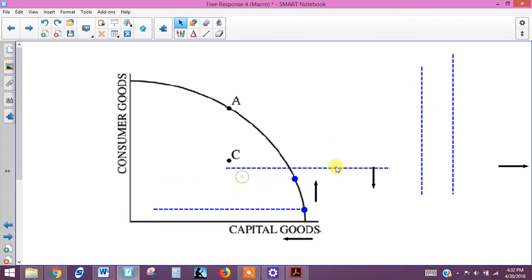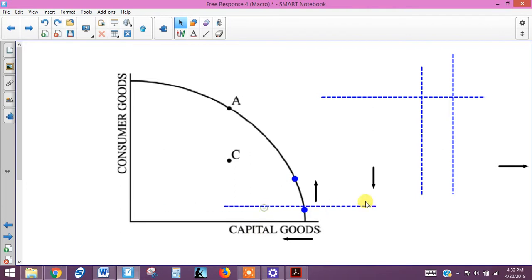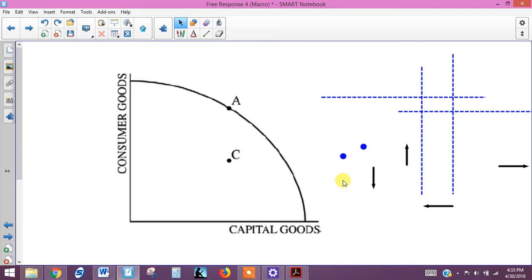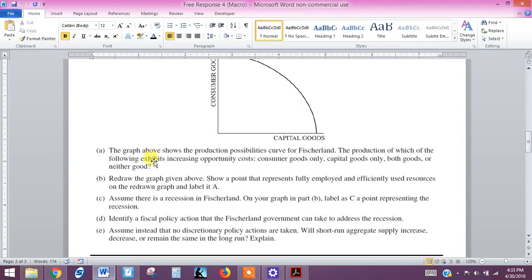So you're going to draw basically what you see right here, and you can put this point anywhere on the curve that you want, and you can label that A, because that is where we're at full employment and we're utilizing all of our resources efficiently. Okay, so that's part B.